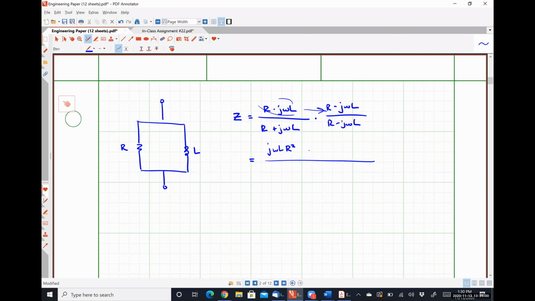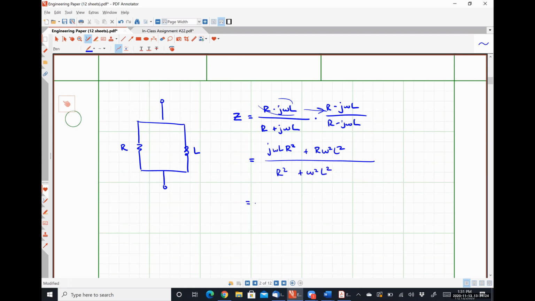So plus R omega squared L squared. The R is coming from here, and J omega L times negative J omega L gives me the omega squared L squared. And in the denominator, I'm going to have R squared plus omega squared L squared.